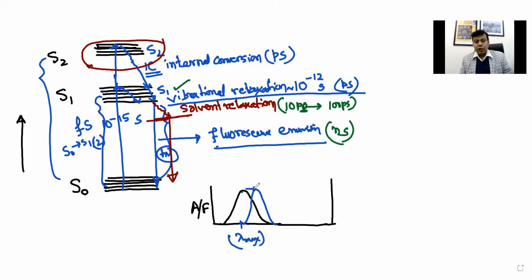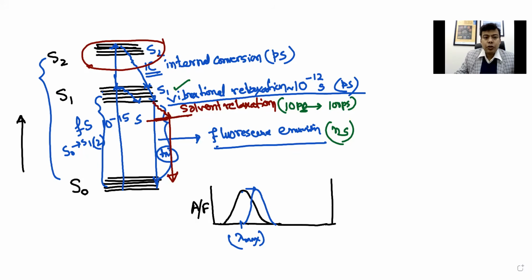Then there will be a shift like this, and this shift will be very little. Maybe something like 10 nanometer or so, typically, depending on the fluorophore, vibrational relaxation mechanisms and so forth. But if you have solvent molecules around it, now why should you have solvent relaxation?